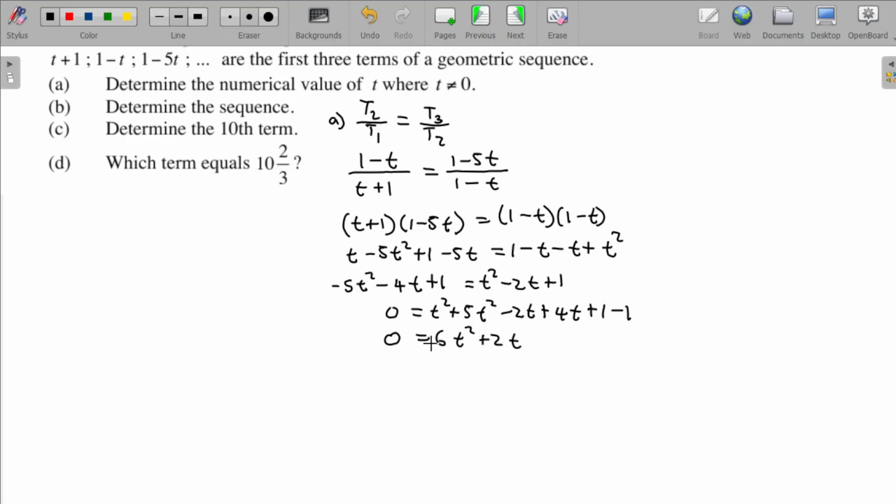Then from here, this is very important. Hopefully you can see that there is a common factor here.